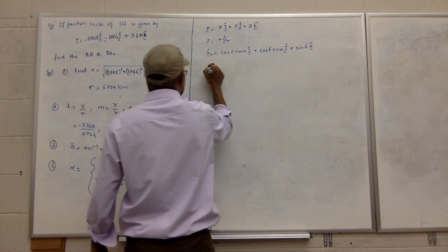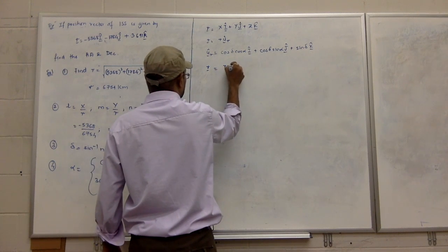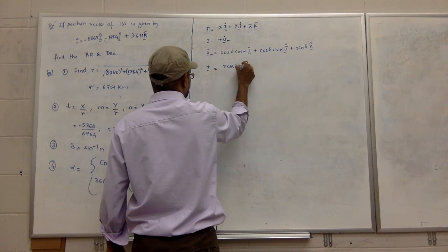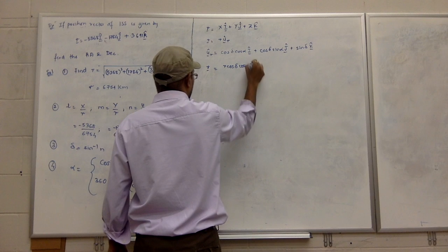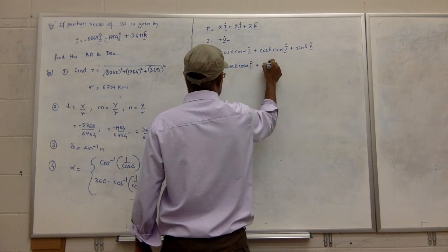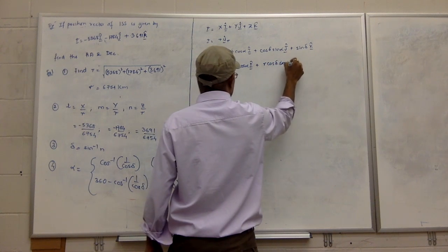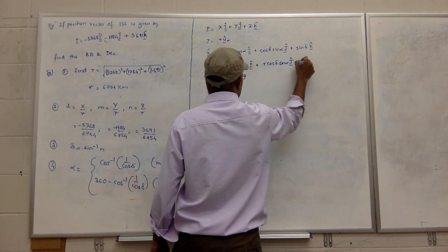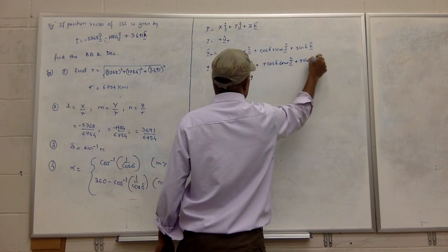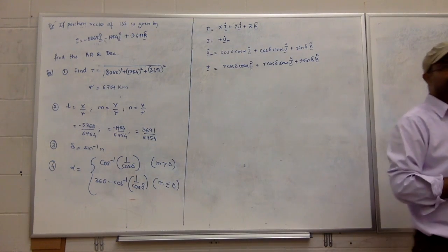So I can now write R as R cosine delta cosine alpha i plus R cosine delta sine alpha j plus R sine delta k. Make sense?